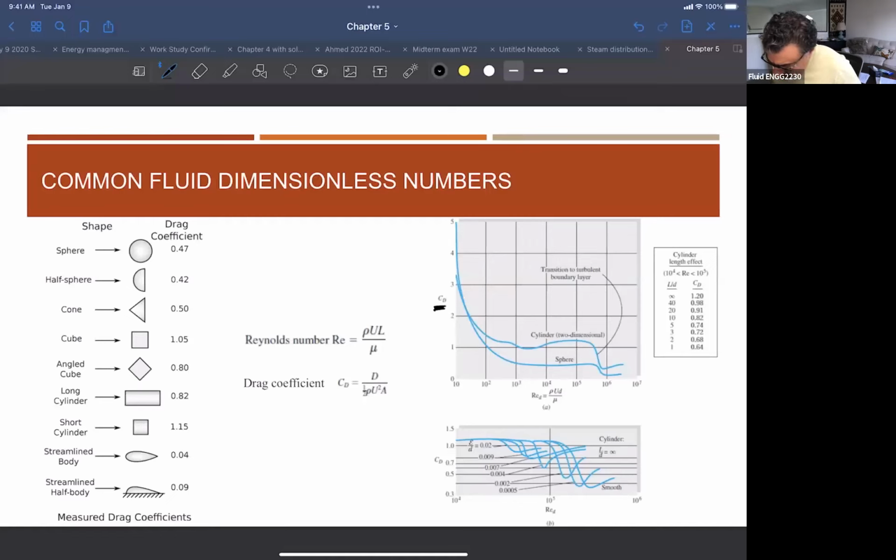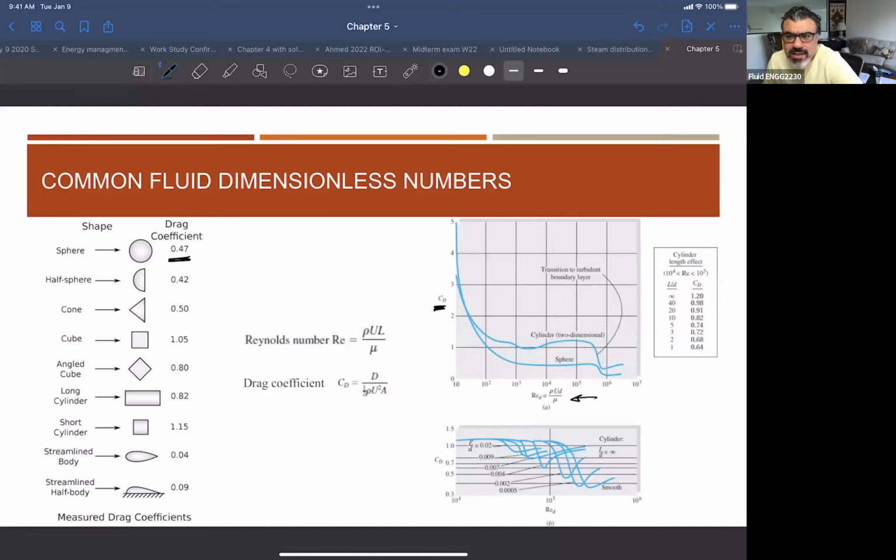This is what we are talking about here for a sphere, as a function of Reynolds number. And you can plot this relation. So if you have a sphere, for example, this drag coefficient is 0.47. It's a very unique number. For whatever fluid, density, or velocity, you keep playing with the experiments, and you end up with a coefficient of drag that is equal to 0.47.